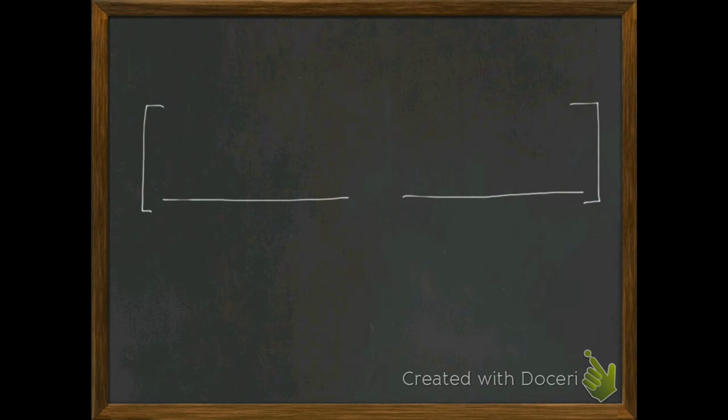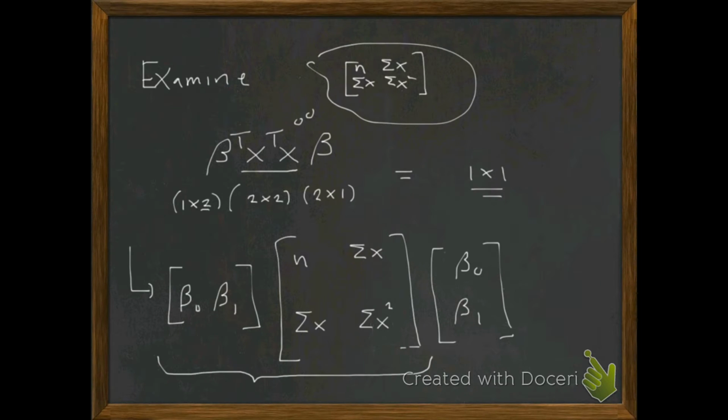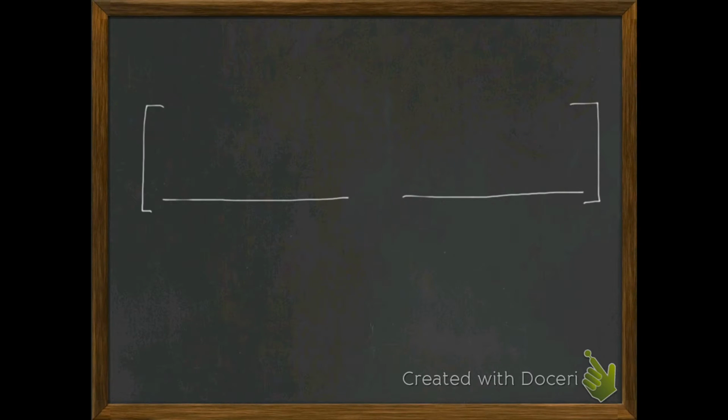Now, I'm going to take the row times the column, so I'm going to get beta 0 n plus beta 1 some x's.